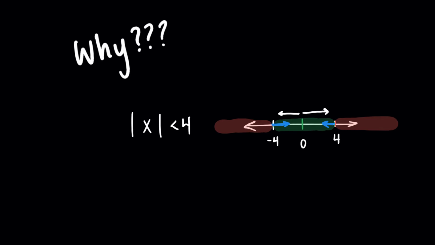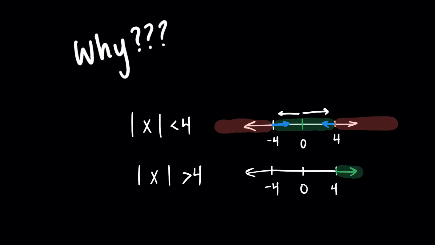Vice versa, if you go the other way, if you take the absolute value of x and say it has to be greater than 4, then that means that the distance between your point that you're interested in and 0 has to be more than 4. So that means that our distance is going to need to be at least, not at least, it has to actually be more than 4.